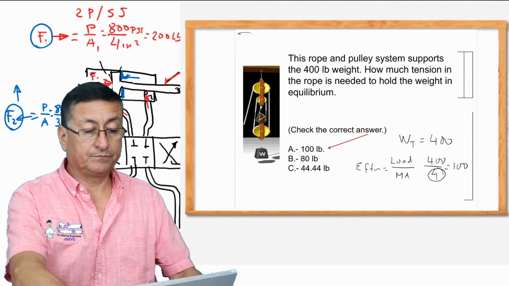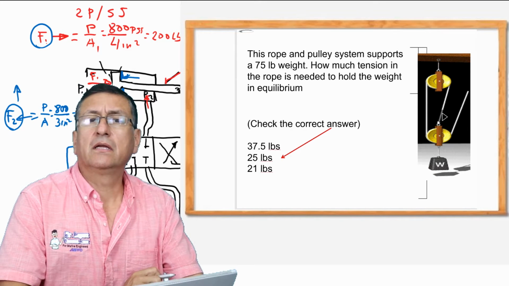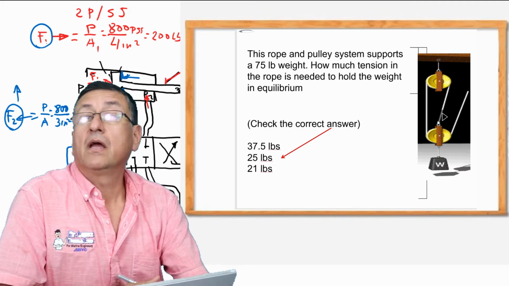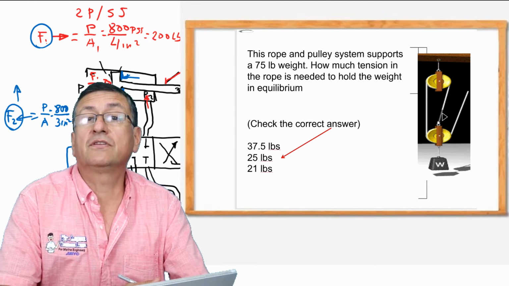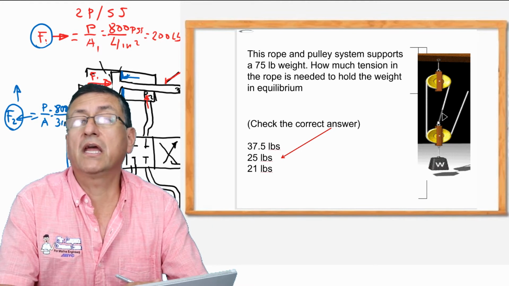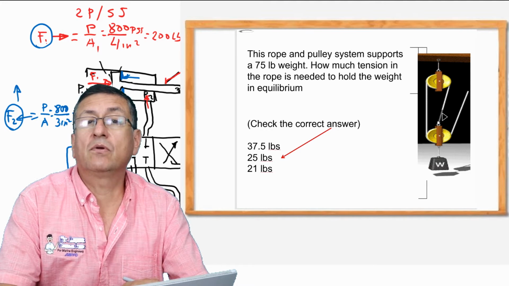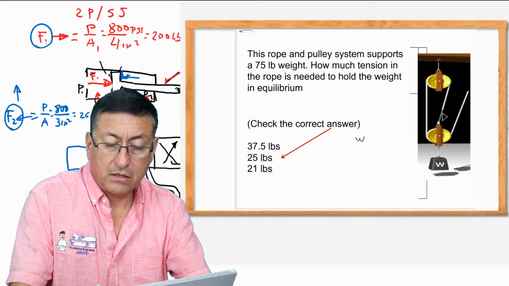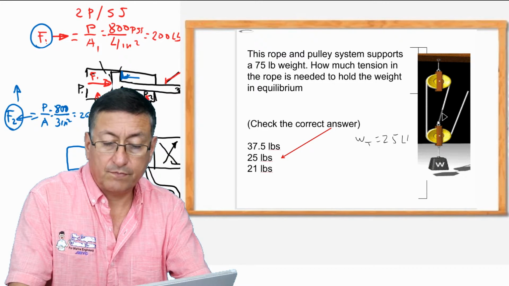This one. This rope and pulley system supports 75 pounds. How much tension in the rope is necessary to hold the weight in equilibrium? In this particular case, the total weight is 75 pounds.